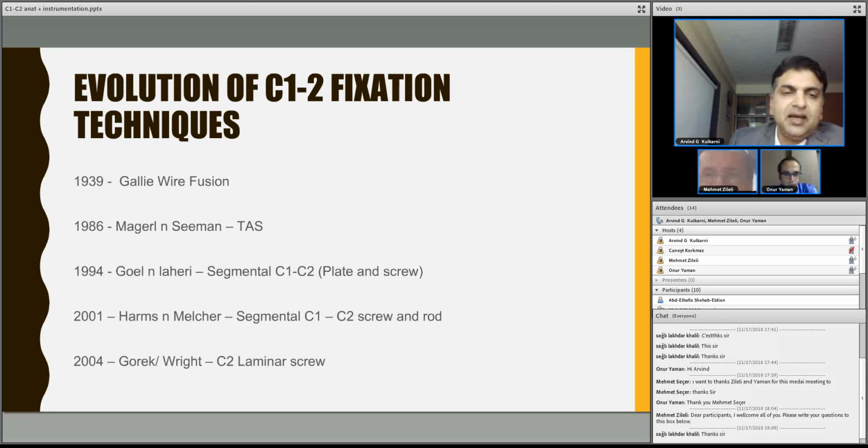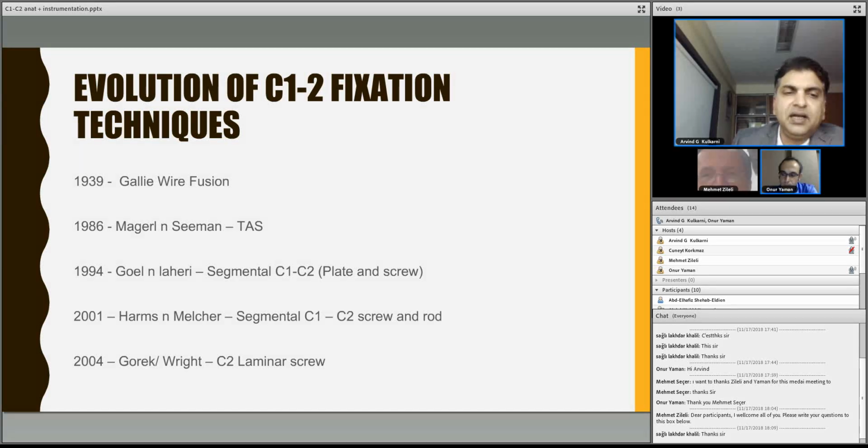So that is a challenge. So Goel and Laheri came up with the idea of getting individual purchase in C1 and C2 so that we can manipulate C1 and C2 and get reduction. They came out with a segmental fixation technique, wherein you put a screw in the C1 lateral mass, a screw in the C2 pedicle, and then connect them with a plate.